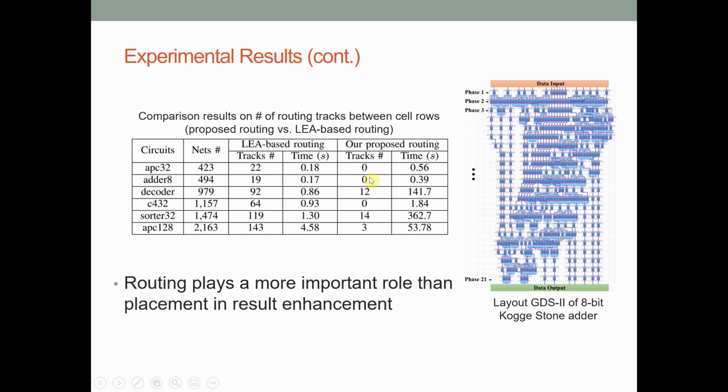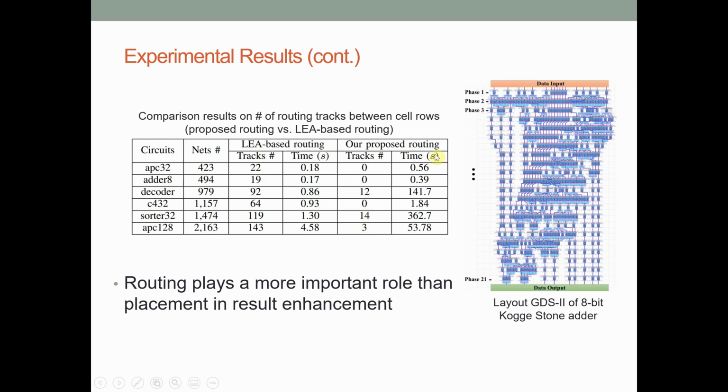We can see that for many of the cases, our proposed routing achieves 0 additional tracks. It means that it only needs the given rows and does not need additional tracks in between these cell rows. With 3 of the routing cases, we need certain additional tracks.